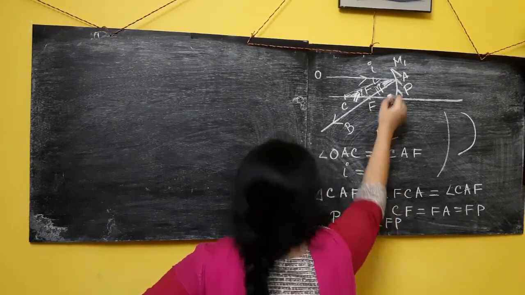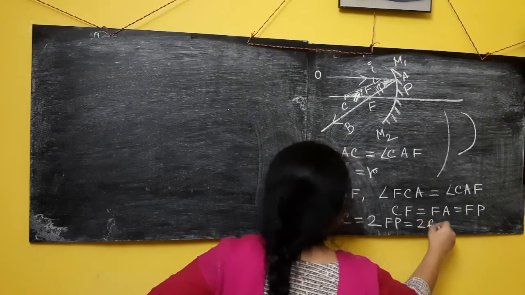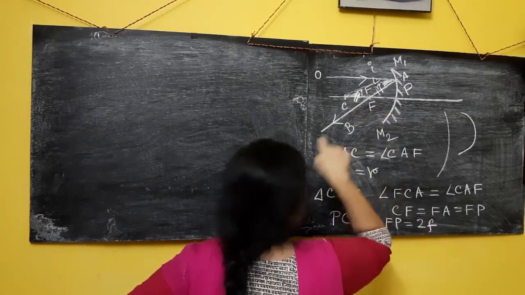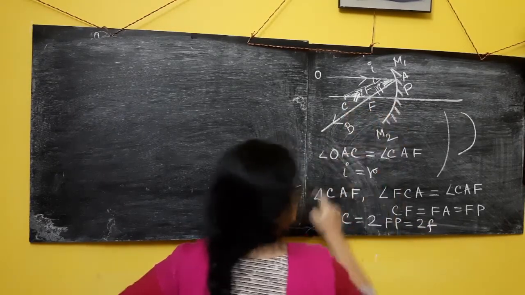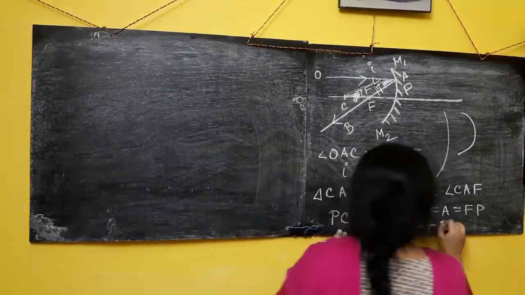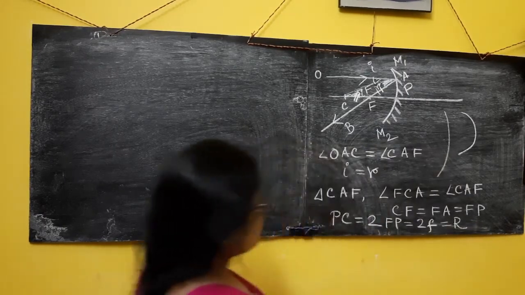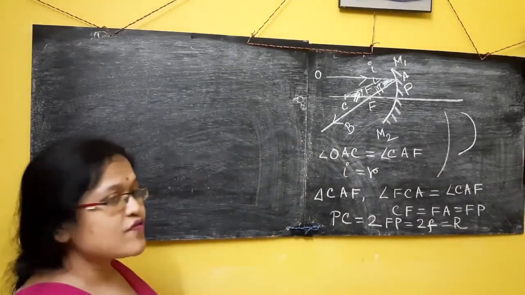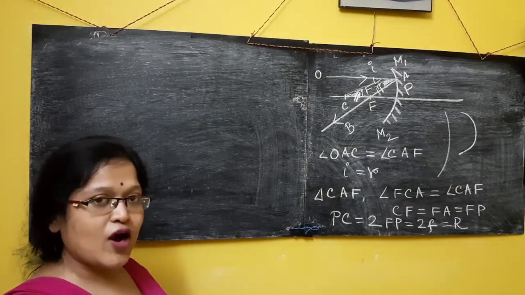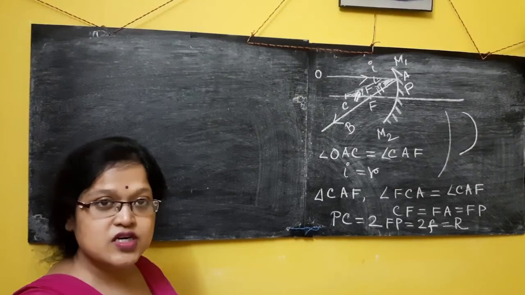Now what is FP? Focal length. So twice of F, and what is PC? PC equals the radius of curvature. So 2F equals R. Clear? So I have proved here that the radius of curvature is twice the focal length. Done? In my next video I will continue the revision class. Thank you.